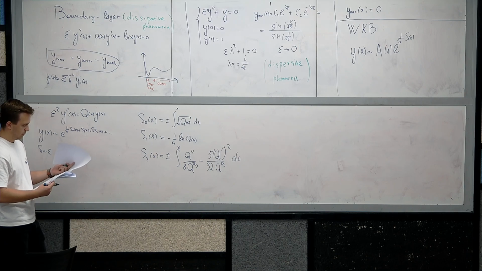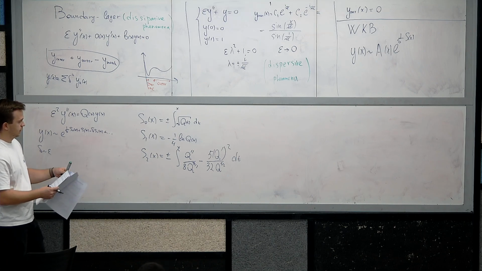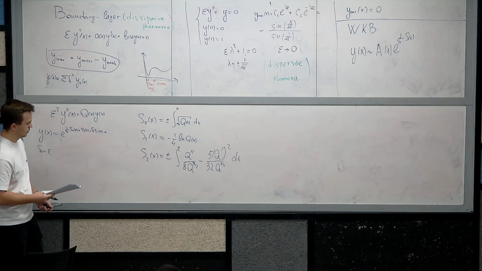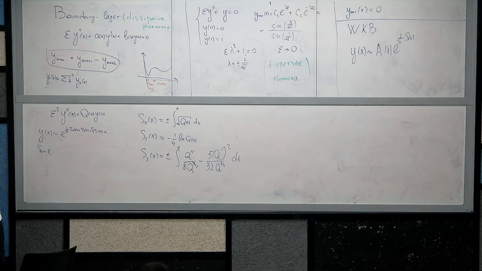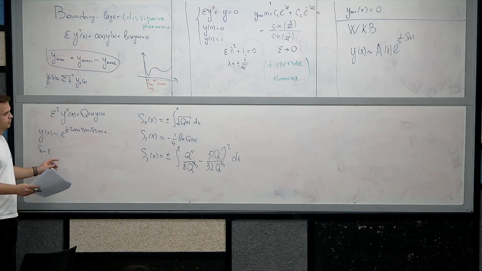So let me skip this part and go to the conditions for validity. So let's discuss when we can use WKB and how many terms we need to use in this expansion to get a good approximation.